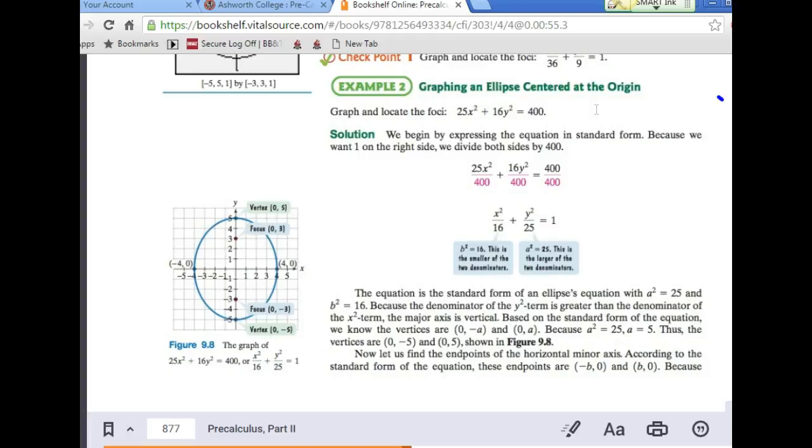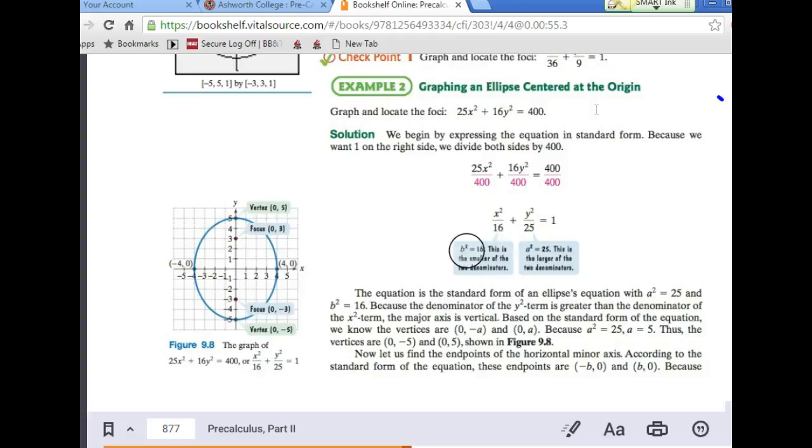All right. So, as we continue to work through this particular problem, first of all, the center, because nothing's attached to the x and nothing's attached to the y, the center is going to be at 0, 0. So right here. Now, in the x direction, or the left and right direction, I'm going to go 16.